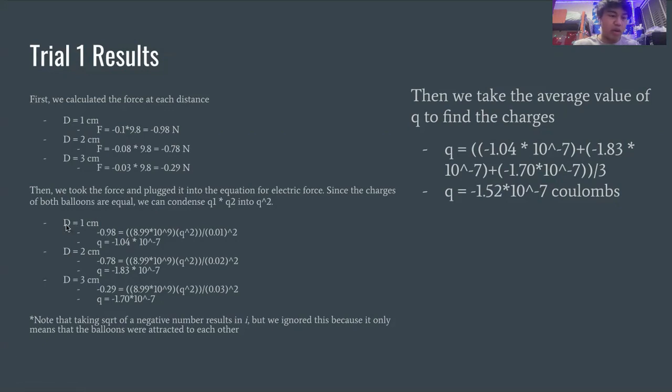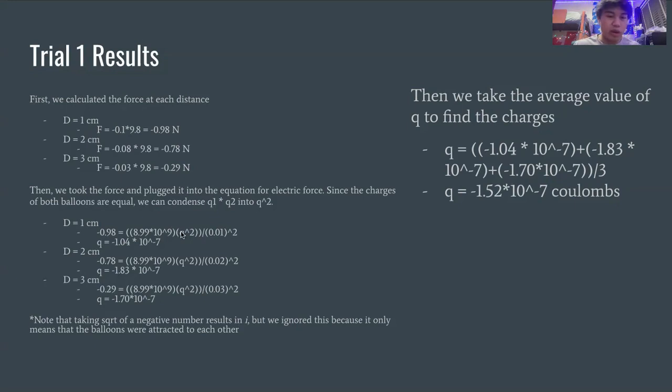So, for example, for t equals 1, we had a force of negative 0.98, and we set that equal to Coulomb's constant multiplied by q squared divided by the distance squared.